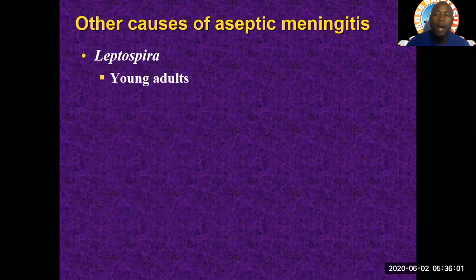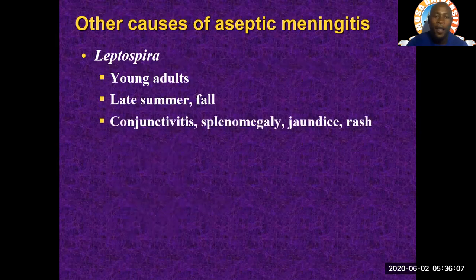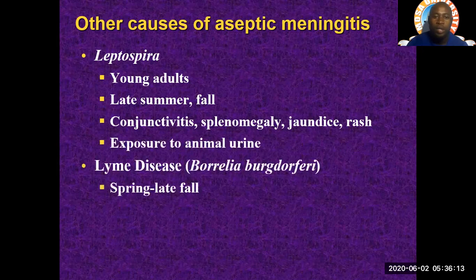Other causes of septic meningitis is leptospirosis, which is more found in young adults. This comes in during the late summers, so they will present sometimes with conjunctivitis. They also show signs of splenomegaly if you do abdominal palpation.